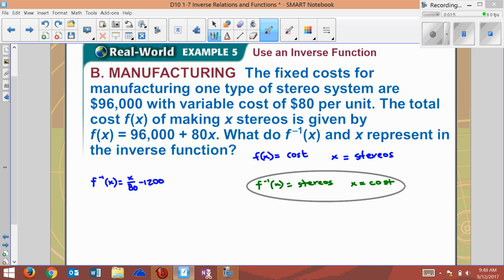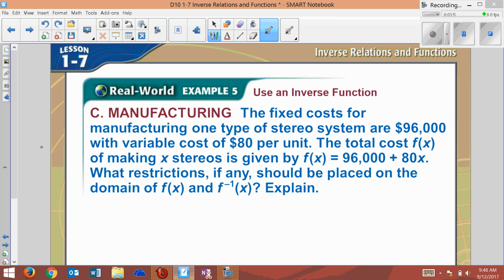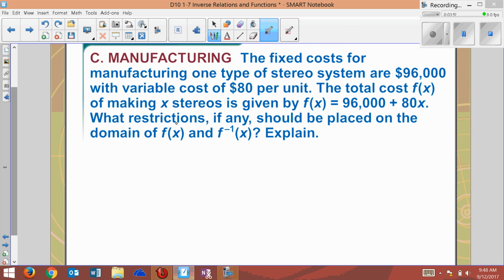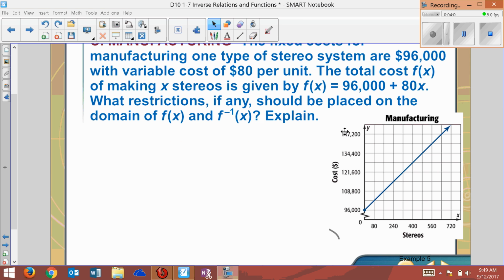All right? So go to part C. Same problem, until right here, it says, what restrictions, if any, should be placed on the domain of f of x and the inverse? Explain. Now, let's go back to the picture real quick. Well, here's what I know.